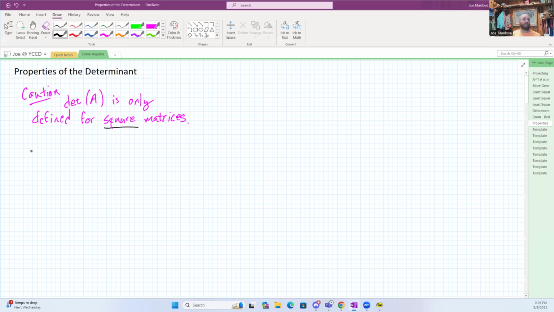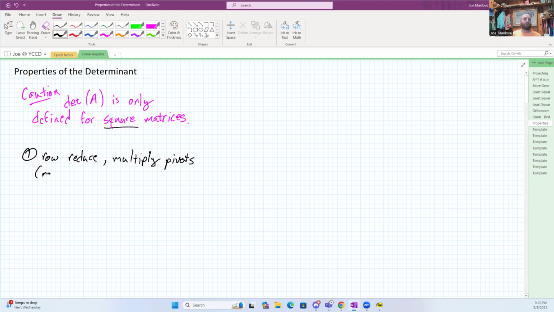Our three ways to calculate the determinant are going to be thing one, row reduce and then multiply the pivots. One small issue with this is if row exchanges are required, each one flips the sign.